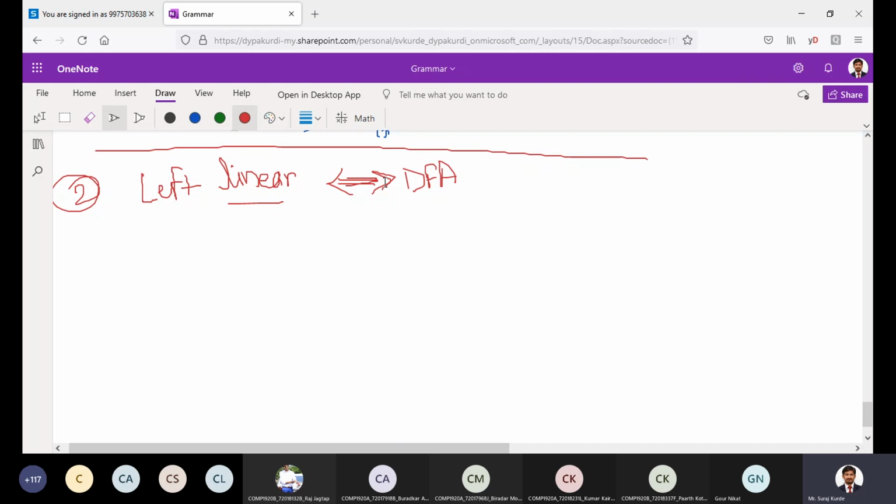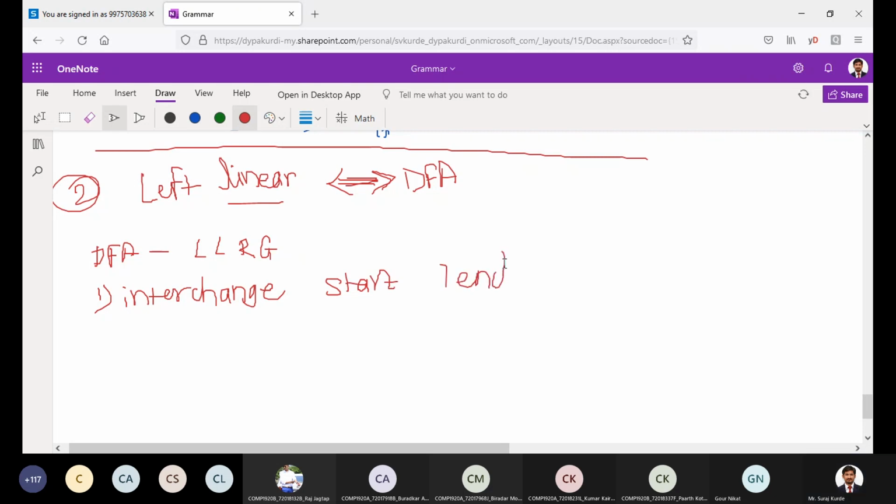So first, DFA to left linear regular grammar. This rule: interchange start and end state.